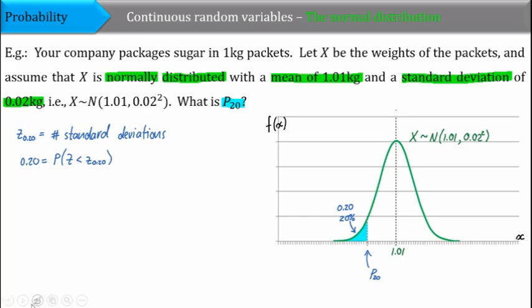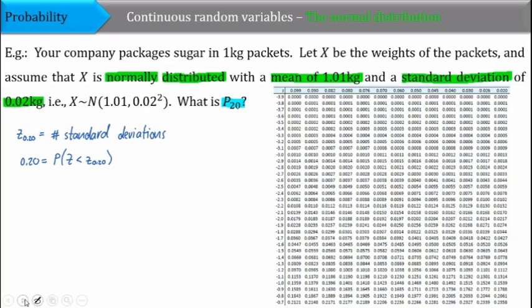So going to our normal table, again working backwards, we look for 0.2 on the table, in other words 20% on the table. The closest I can get is 0.2005. Okay, it doesn't have exactly 20% on the table. So working back, we see that the z-score will be negative 0.8 and 0.04.